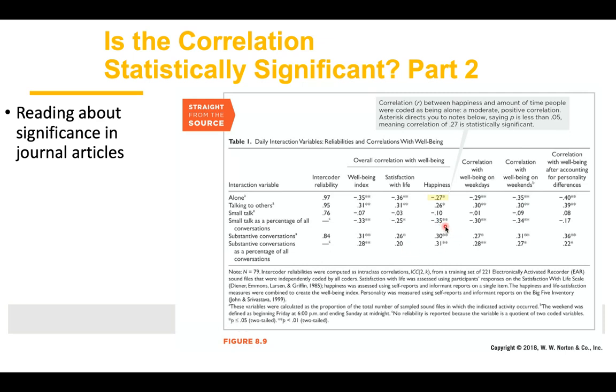If we have two asterisks, it means something was significant at 0.01. So you'll often see these represented like this. We can tell the distinction between our negative and our positive correlations, and then we can tell whether they were significant at 0.05 or significant at 0.01.